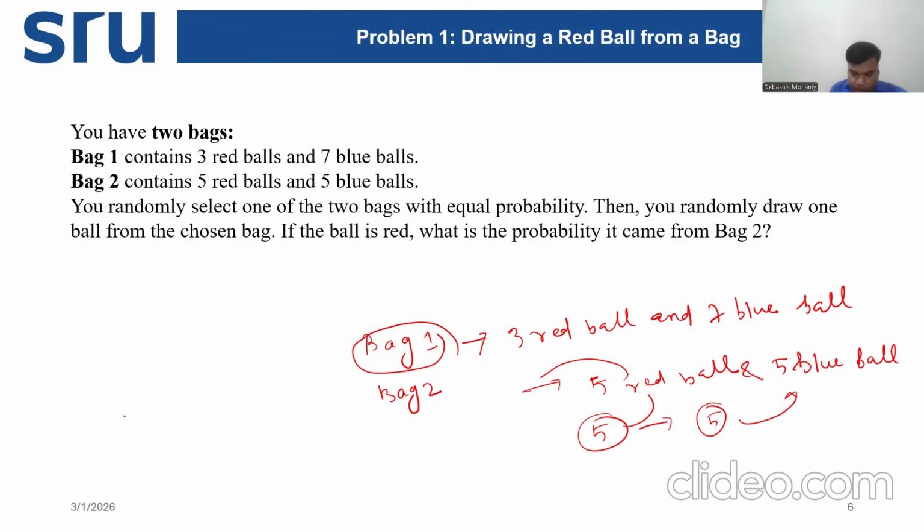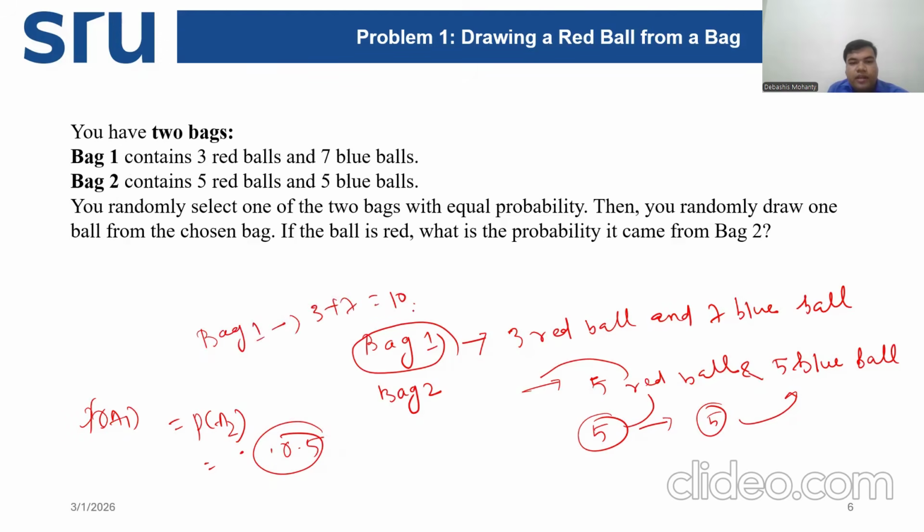That means the probability of A1 equals the probability of A2 equals 0.5. Because what is the total number of balls in bag one? 3 plus 7, that is 10. In bag two, it is 5 plus 5, that is also 10.